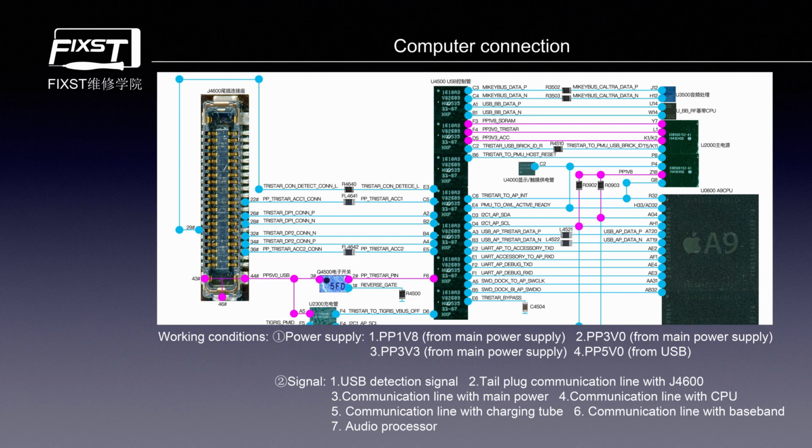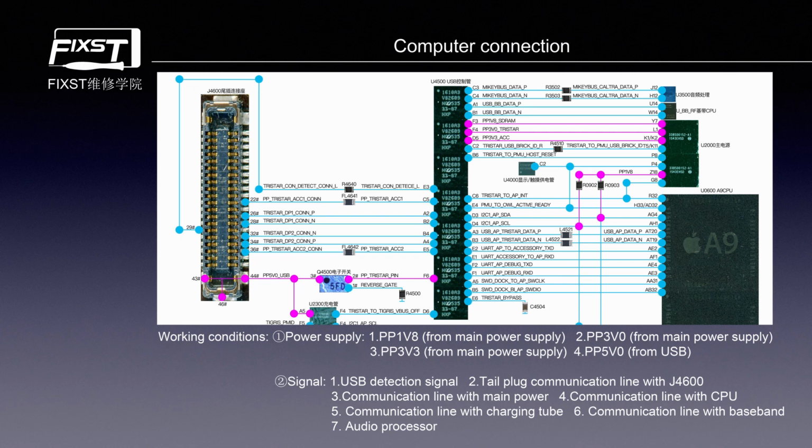Now we look at J4600, the Type-B connector, pin 29. This connector's pin 29 is the detect signal pin. When the phone is in standby, this pin has 1.8 volts. But when you connect the charging cable, the Lightning cable, this pin's voltage is connected to GND and becomes 0 volts.